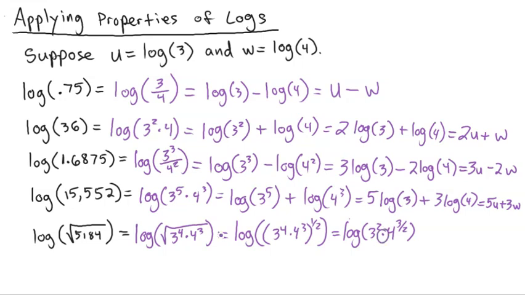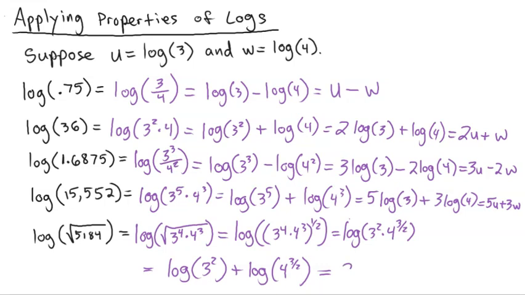Now this multiplication is going to become addition in between two separate logarithms. We're going to have log of 3 squared plus log of 4 to the 3 over 2. And now what we can do is take this exponent of 2 and move it to the front. We can take this exponent of 3 over 2 and move it to the front.